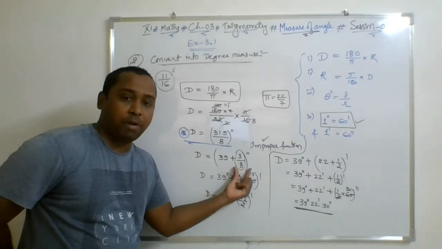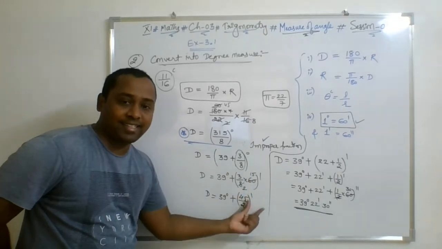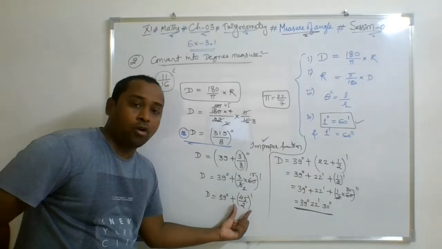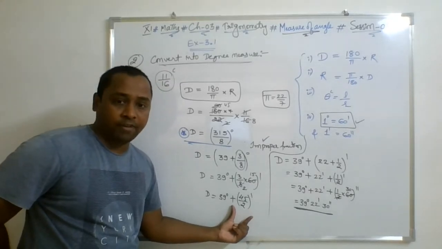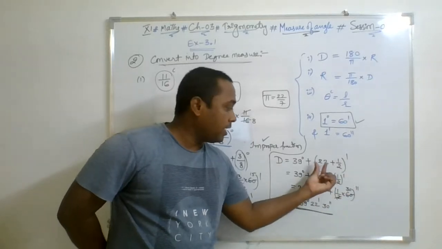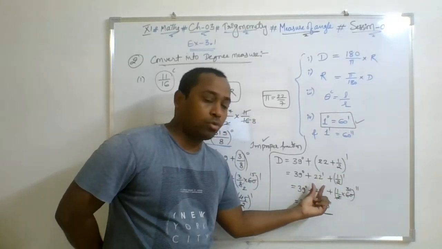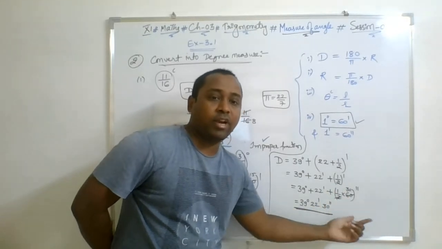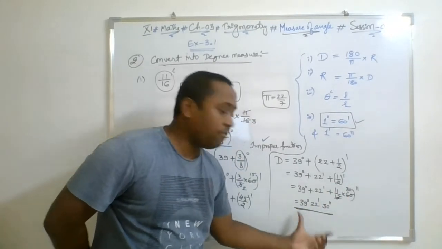Only the fraction part needs to be multiplied by 60 to get minutes. And if the minutes are also an improper fraction, take that again into a mixed fraction, take that integer part out, again multiply the fractional part with 60 to get seconds, and then finish it off.